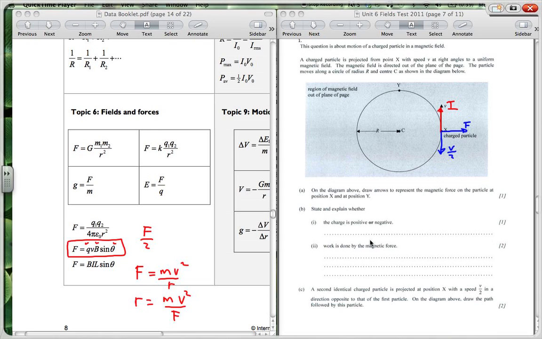Now if I put in my new values here, we're now going to have v over 2 squared because you've got half the velocity and your force is a half. So this will become v over 2, that's a quarter, and then when you divide by a half, you're actually going to get a half mv squared over your force. So it's actually going to be half the radius. So you're going to get something like that, where the center of this is r over 2, and it will go in that direction like that.